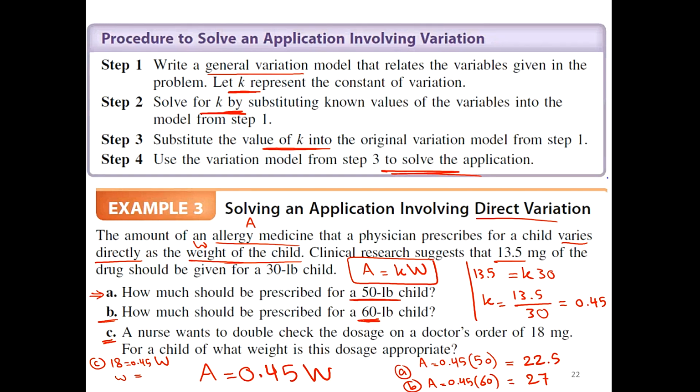This equals 40 pounds. So 18 is the proper dose for the child with weight 40.